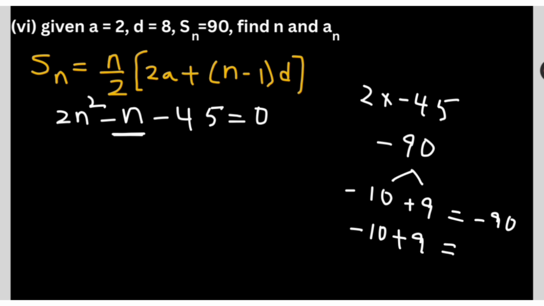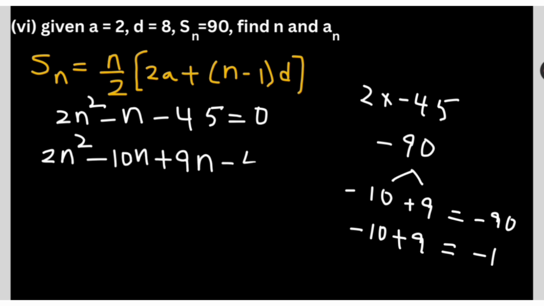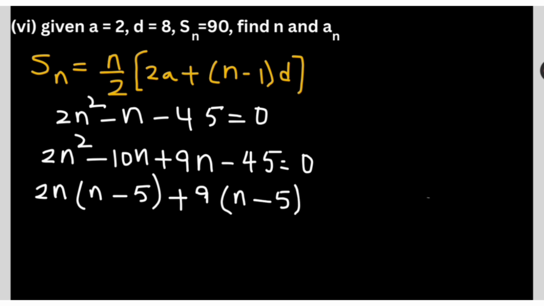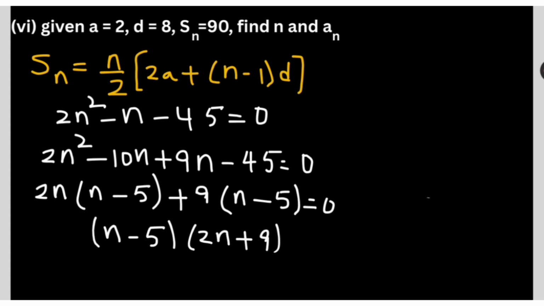That's why we can use these roots, minus 10 and plus 9. So 2n squared minus 10n plus 9n minus 45 equals 0. Taking 2n common, we are left with n minus 5, and taking 9 common, we are left with n minus 5. So finally n minus 5 times 2n plus 9 equals 0.